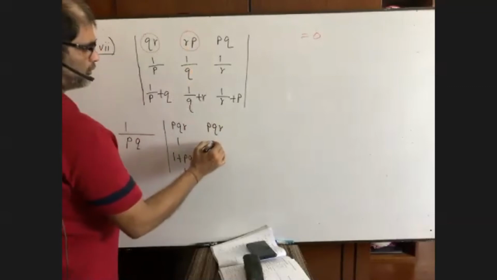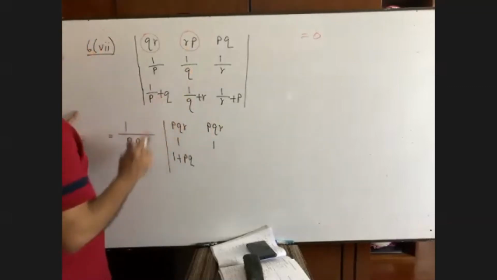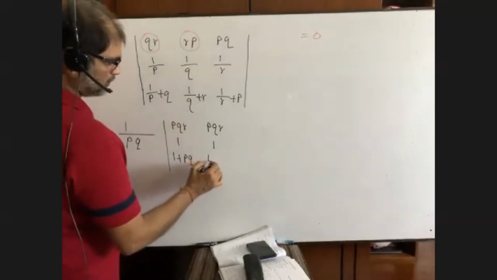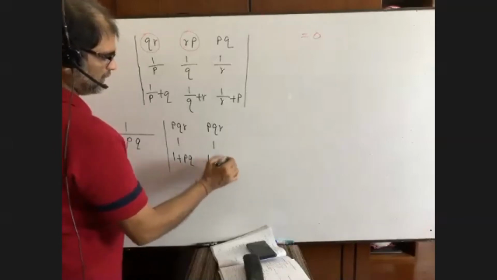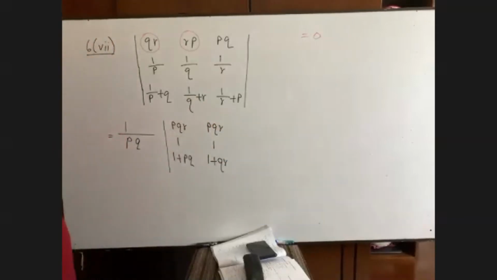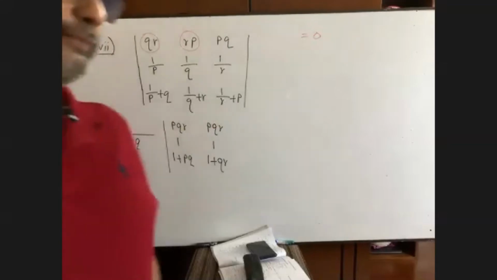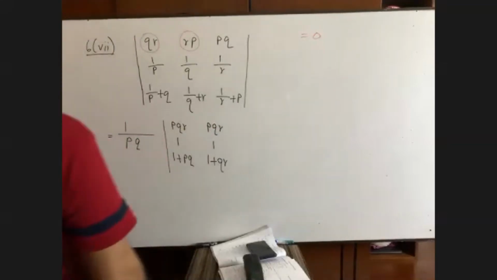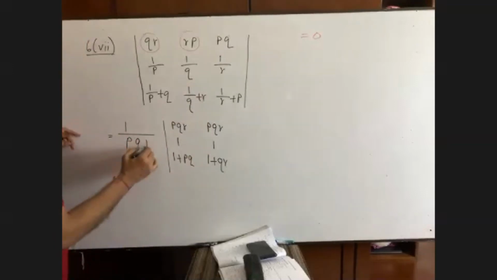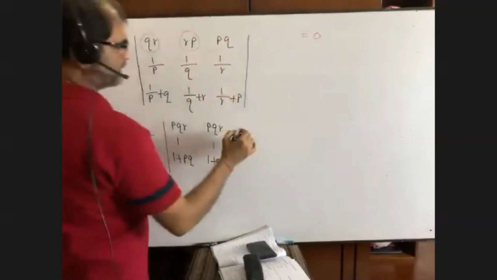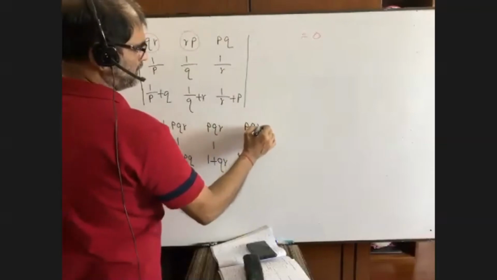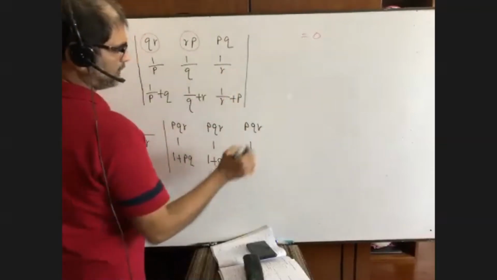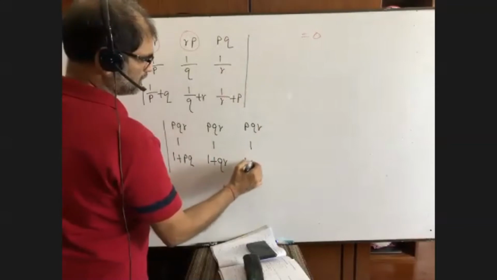What you are getting here, only 1. What you are getting here, 1 plus QR, right? Yes sir. And for the third column, take R, multiply it by R, multiply it by R, multiply it by R, 1 plus RP.